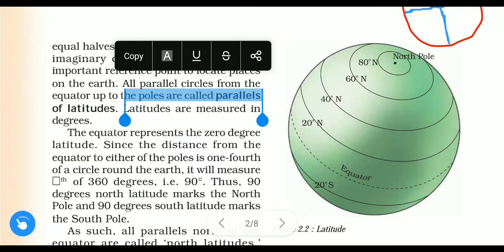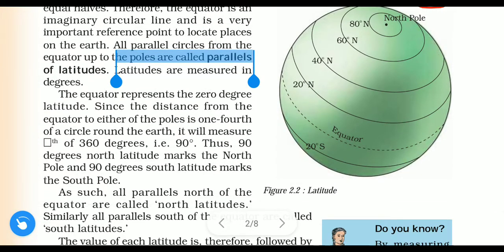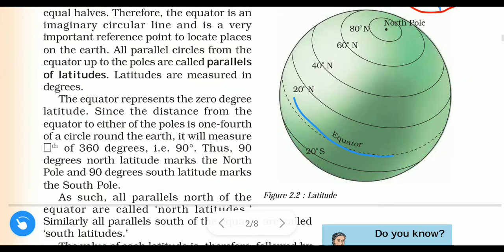All parallel circles from the equator up to the poles are called parallels of latitudes. Let us discuss what is meant by parallels of latitude. See this equator, and try to understand, this is the 3D diagram. This is a sphere. All these are circles. This equator is also a circle. All these are imaginary drawn lines.